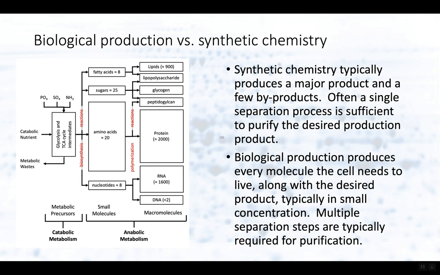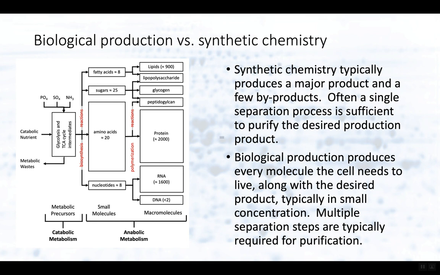And then we get into things like macromolecules. Even in a simple cell like E. coli, there could be up to 2,000 different proteins being produced. These are different amino acid sequences. There's also things like peptidoglycan, which is also a sugar-based protein.